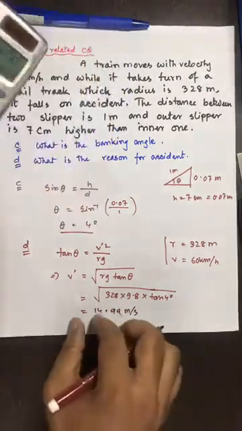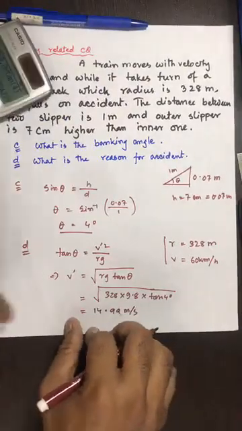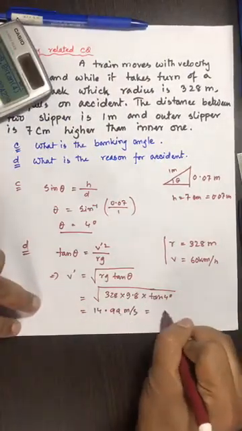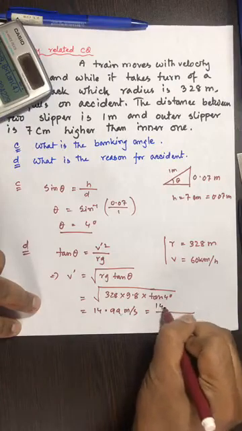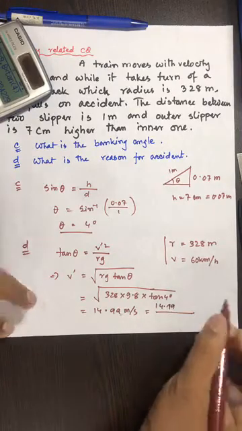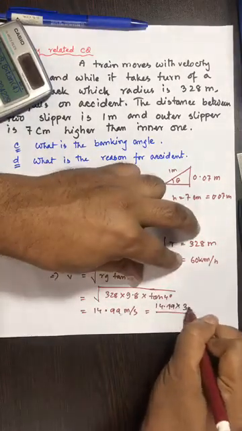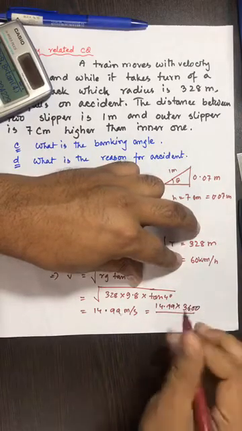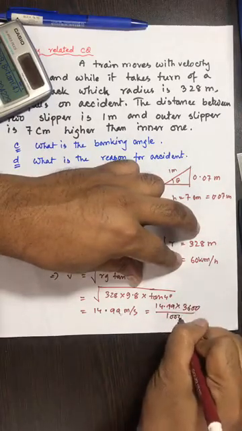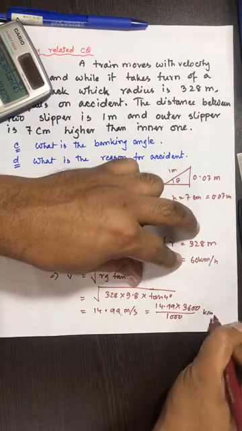So 14.99 meter per second, we make it kilometer per hour. It is very simple: 14.99 into 3600, because the time comes up and 1000 goes down, that gives kilometer per hour.